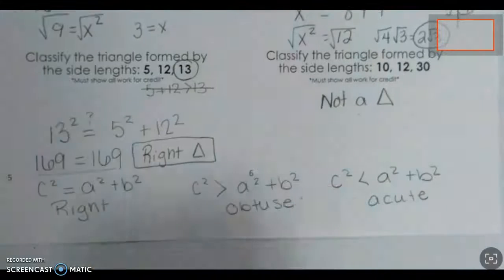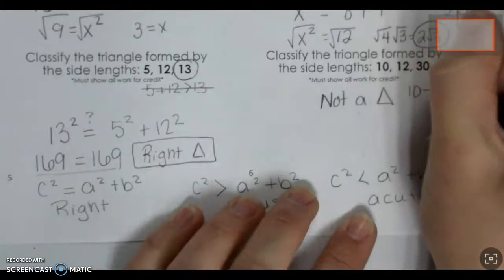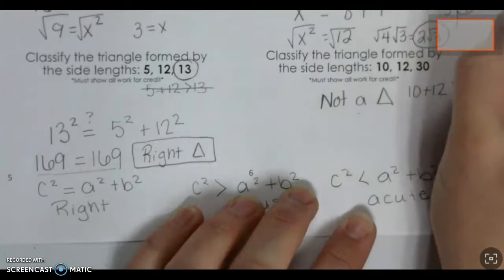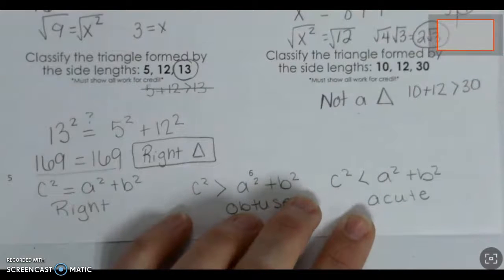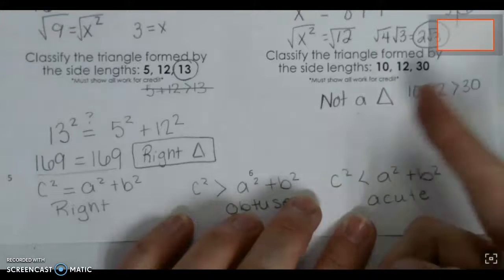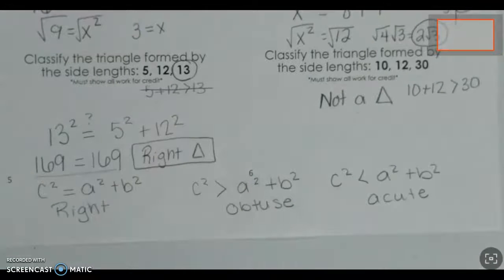And I'm done. Okay, being able to determine if something is a triangle or not is that level 4. And they do want you to say, well, it's not a triangle because 10 plus 12 is not bigger than 30. So somewhere on your paper, if you have that, and then you say it's not a triangle, that's what gets you to that level 4.